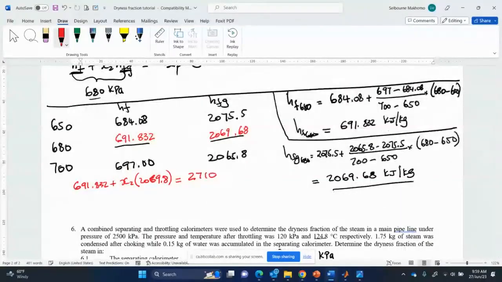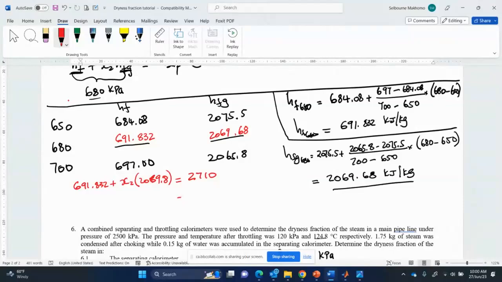Then we say 2710 minus 691.832, that is 2018.